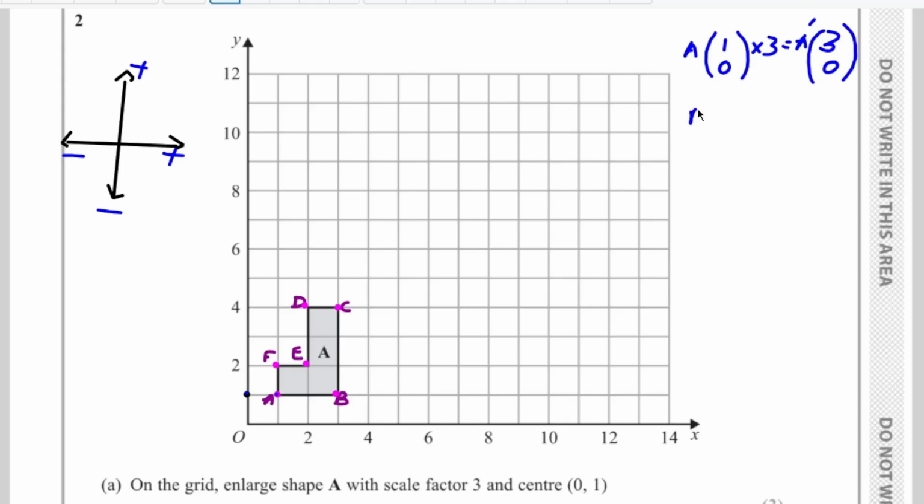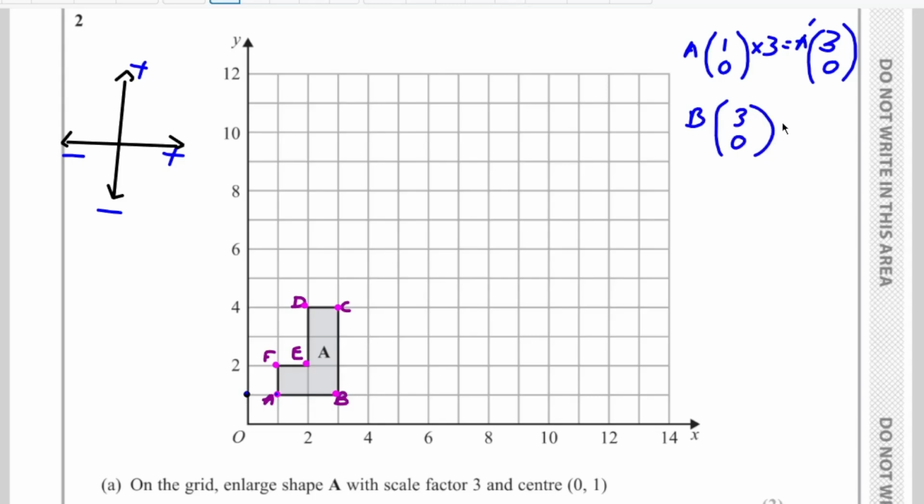Next one is B. For B, being at the center, I have to move 1, 2, 3 units forward, no vertical movement. Therefore, I have to write 3, 0.